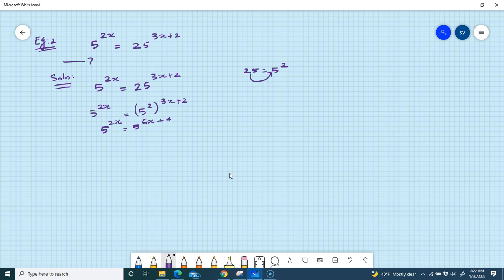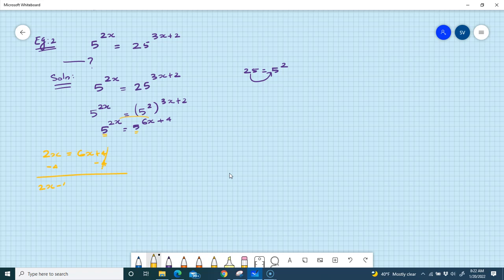At this point we can write, because the base is the same, we will equate the exponents, that is 2x equal to 6x plus 4. So eliminate 4 on both sides, cancelled out.